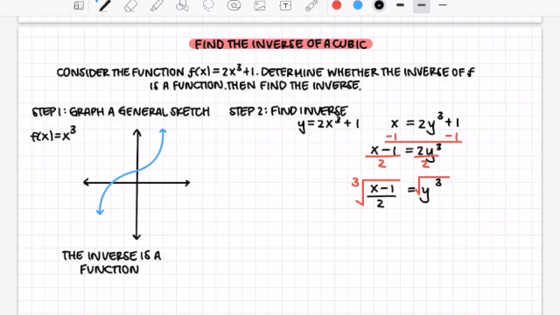And so I get left with the cubic root of x minus 1 over 2, and that equals y. And so that would be my inverse. So I'm going to make sure that instead of using y, I'll use g of x. And I'll say g of x equals the cubic root of x minus 1 over 2 is the inverse.